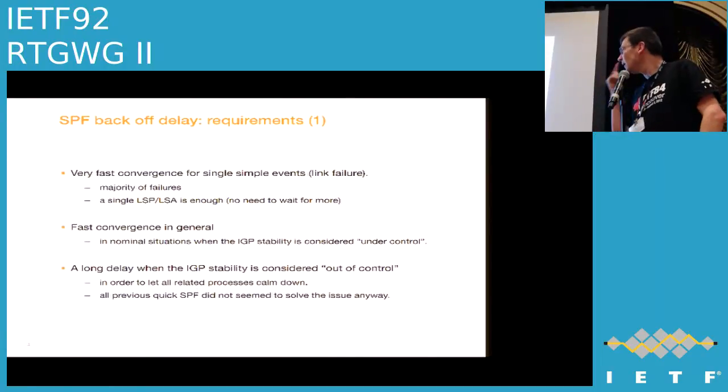Last case, if the IGP becomes unstable, we want to be slow to make sure that the network keeps calm, especially because there are many dependencies on IGP computation. We have BGP dependency, LDP, RSVP-TE, fast reroute, and many more. And also, we already computed many SPFs, and apparently it doesn't solve the problem, so no need to be very fast.